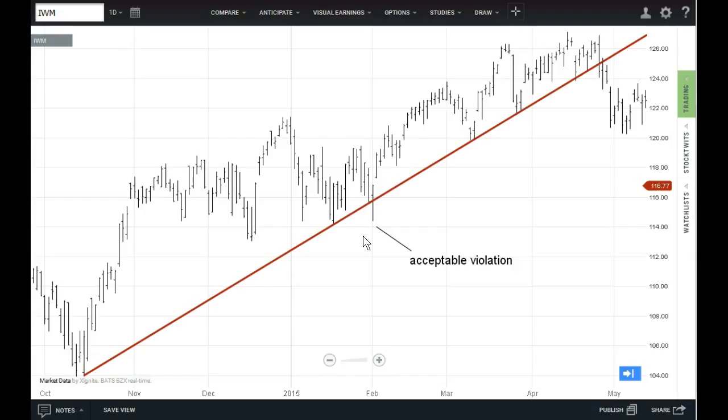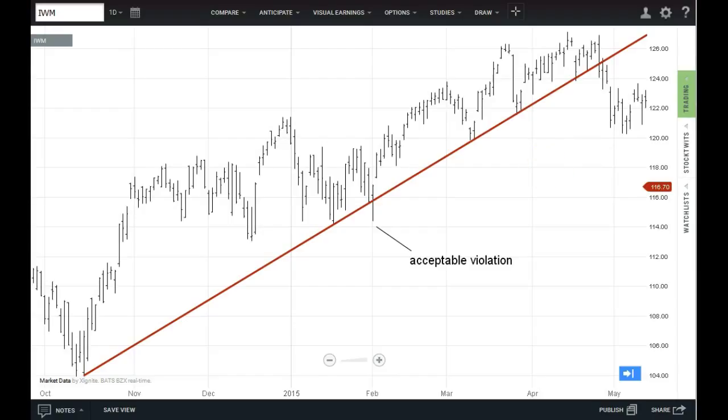The first trend line is not drawn to avoid chart clutter, and that might be a line from here up into here, or from here through this point. So in other words, back in this time frame, we did not have the trend. We did not know what the trend was going to be. But after this acceptable violation, which we'll get to in a minute, we then knew what the trend was, and certainly by April we knew that this was definitely a rising trend, and we would act accordingly.